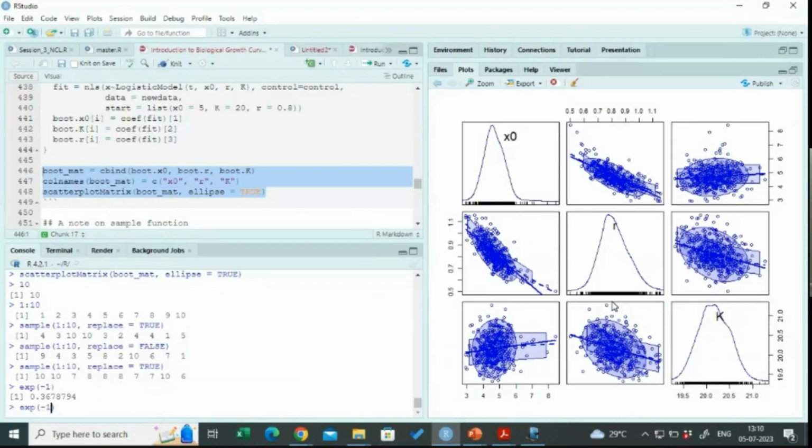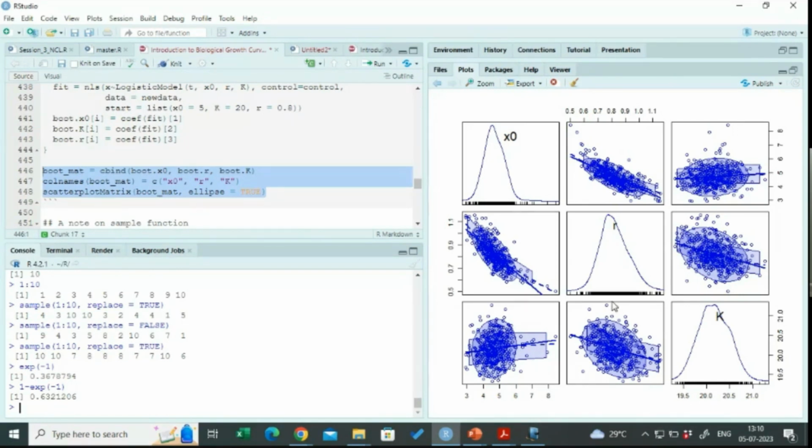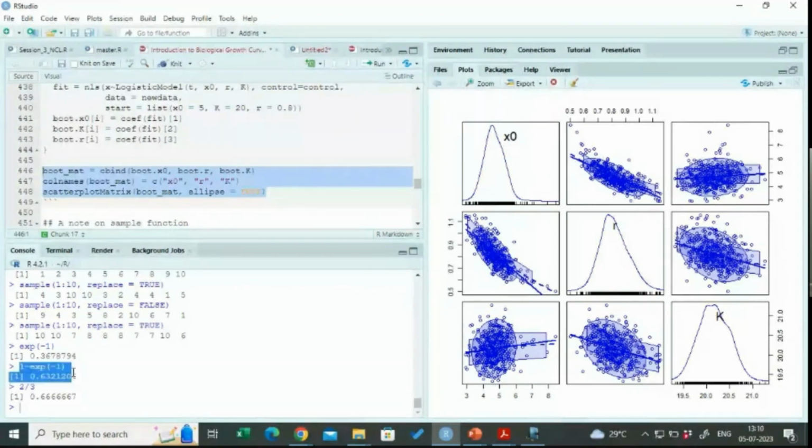So this is not present, so present is approximately 1 minus that, approximately 63%, and what is 2 by 3? They are very close, right? Only 0.03 difference. So approximately the probability that it is going to be part of the bootstrap sample is very high, almost 63%.